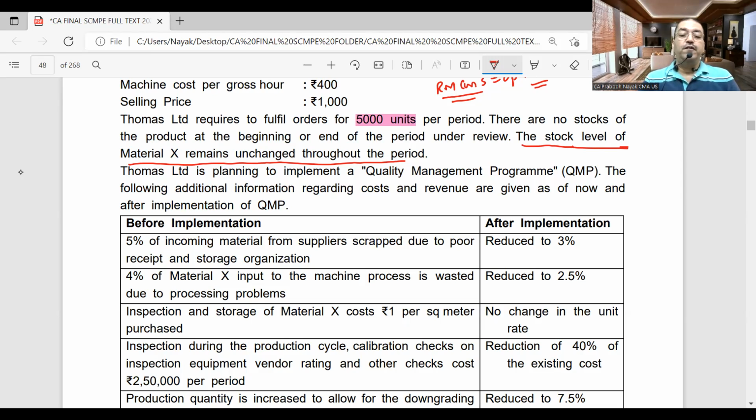Out of that, 4% is wasted. After implementation, that wastage has come down to 2.5%. Third, inspection and storage of material X cost 1 rupee per square meter purchased. For this, there is no change in the per unit rate.